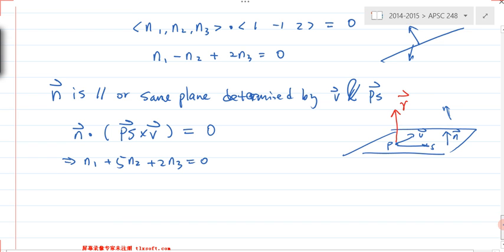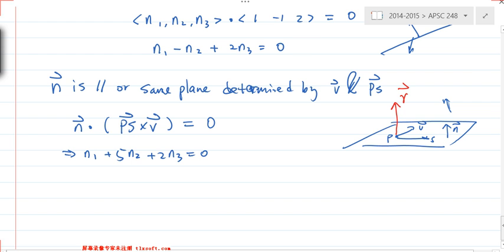So we have one equation here and one equation here. Two equations, how many unknowns? 3. Again, how many solutions? Infinite, they're still infinite. But what does this infinite solution mean now?